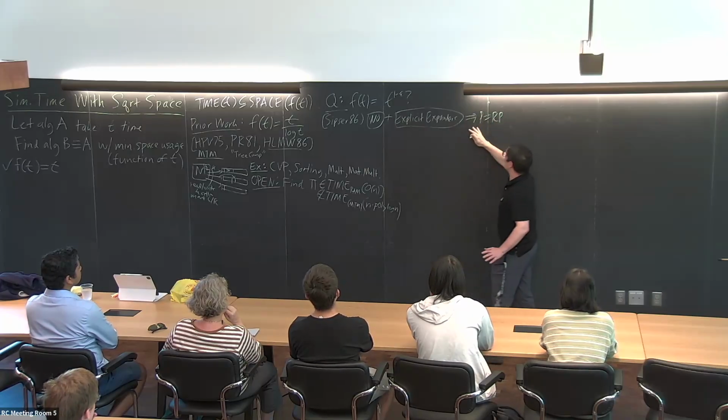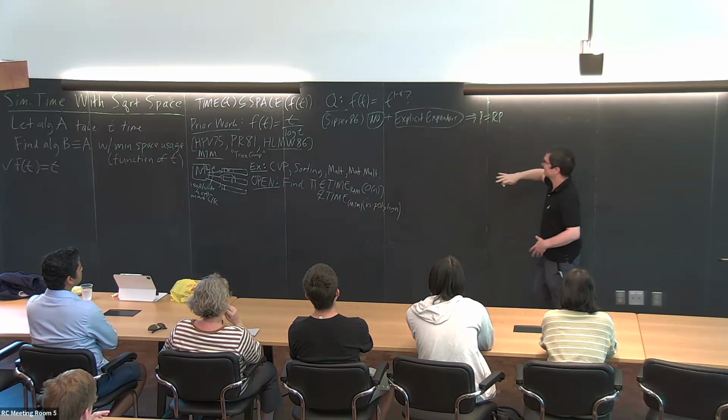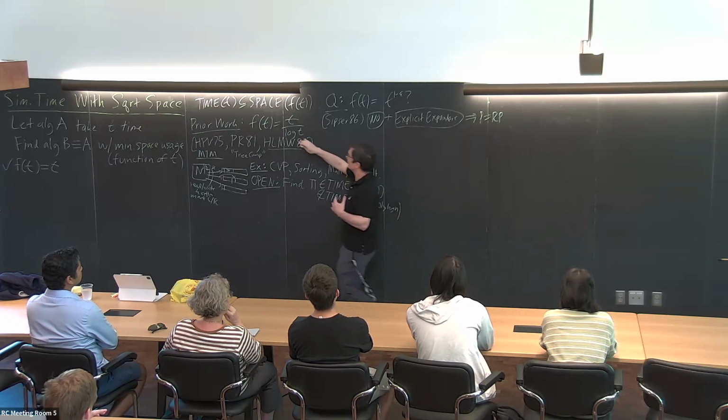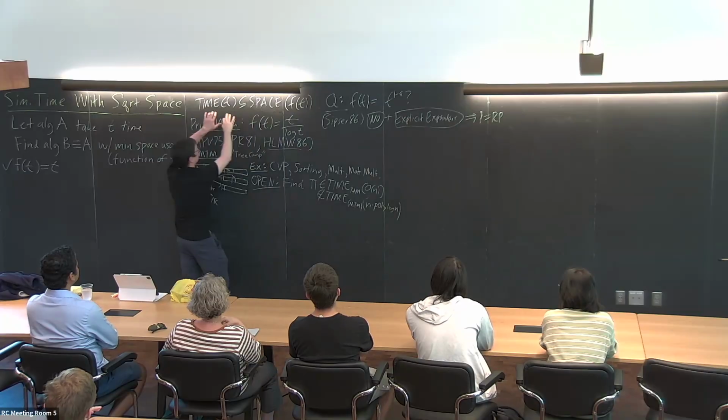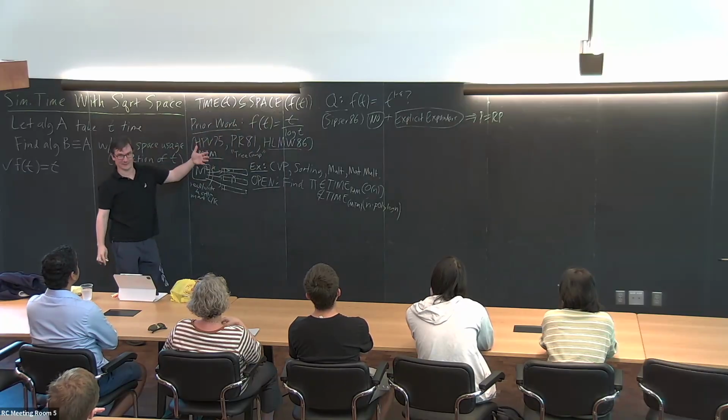Luckily, we know now that you don't need to get a space lower bound against time in order to get the derandomization. We just need circuit lower bounds against time.